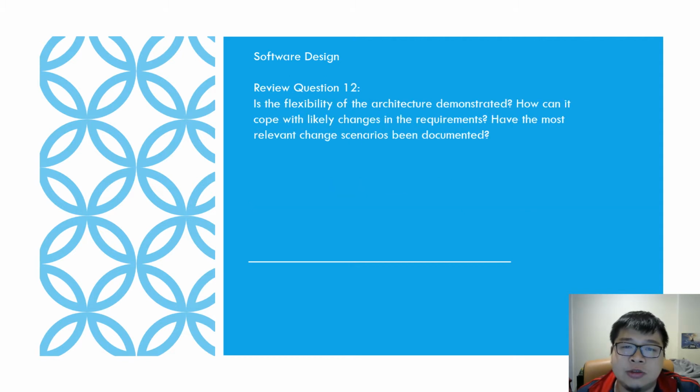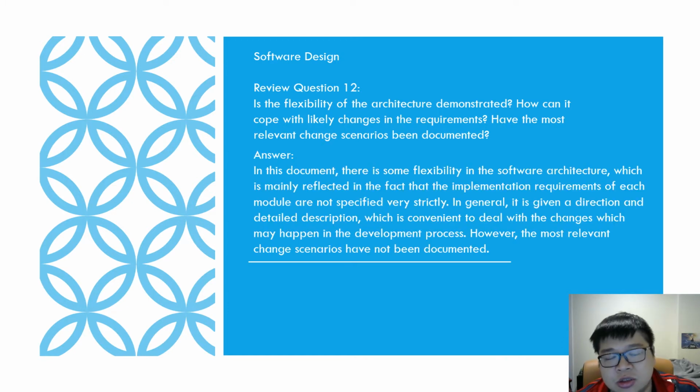This question is about feasibility and change scenarios. The answer is, in our document, there is some flexibility in the software architecture, which is mainly reflected in the fact that the implementation requirements of each model are not specified very strictly.